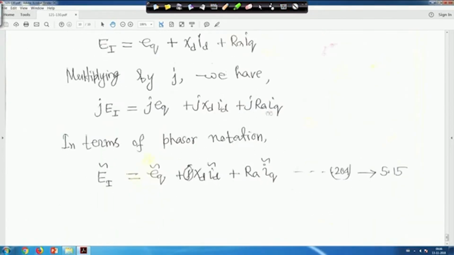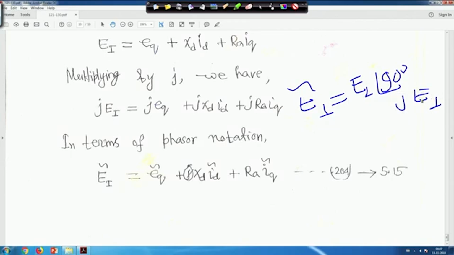So, multiply both sides by j. It matters that j means the q axis is leading the d axis by 90 degrees. So, E I tilde is equal to E I at angle 90 degrees, that is nothing but j E I. Similarly, E q tilde is equal to E q at angle 90 degrees, so j E q.